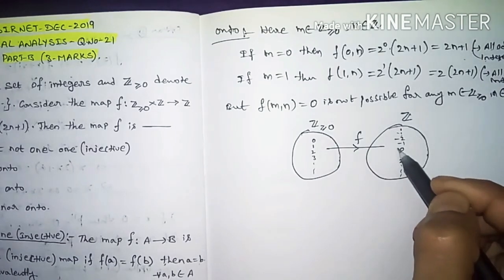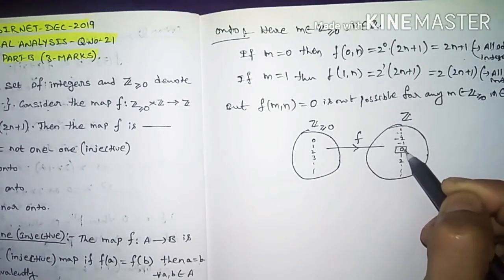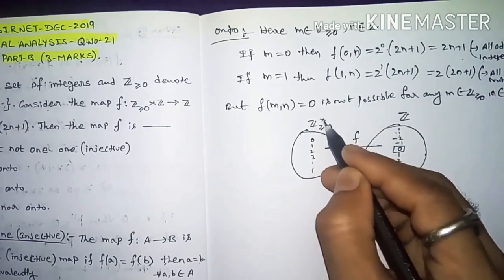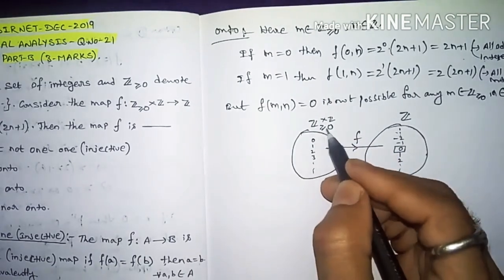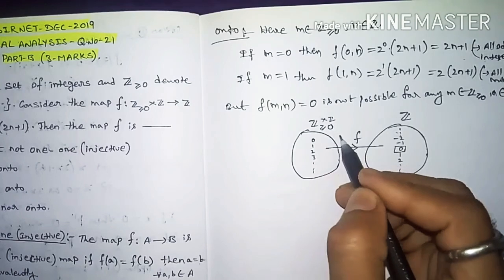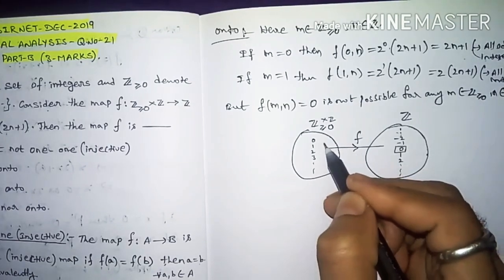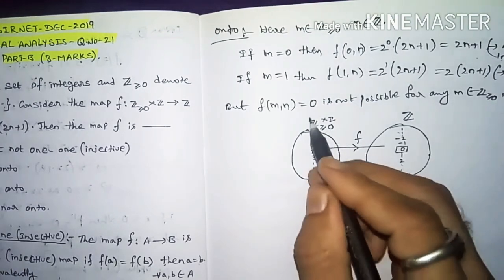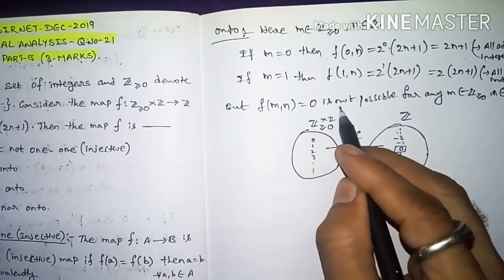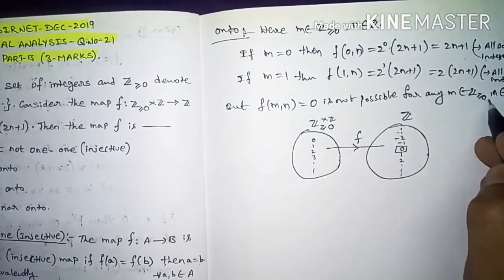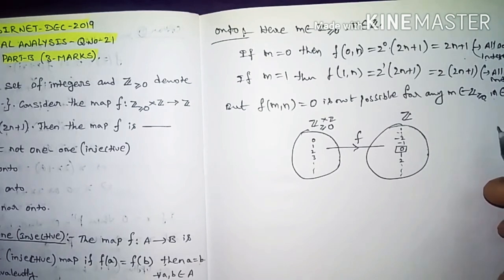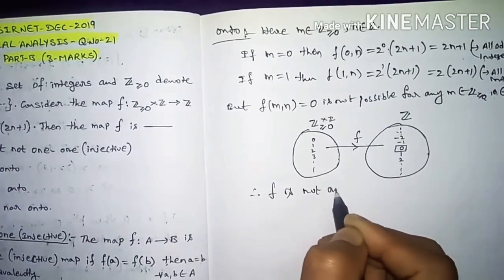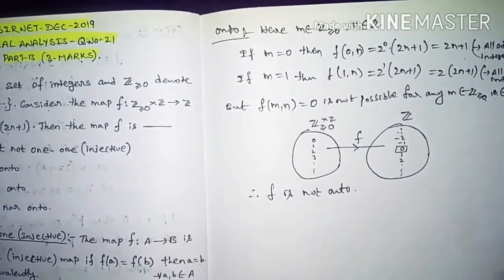But for the particular element 0 we cannot find any preimage in Z greater than or equal to 0 cross Z, because here the domain is Z greater than or equal to 0 cross Z. So f(m, n) is equal to 0 is not possible for any m belonging to Z greater than or equal to 0 and n belonging to Z. So therefore f is not onto, meaning it is not a surjective mapping.